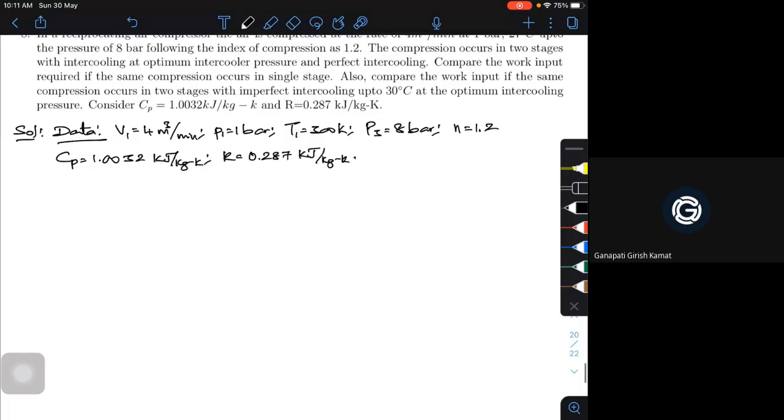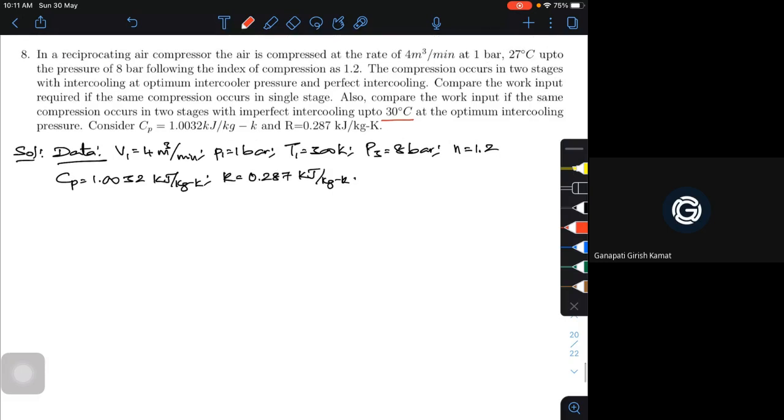Now, for multi-staging without intercooling, they have given a condition for the third case. For the third case, a multi-stage, what will be the value of T2? It will be T1 plus 30 degrees.